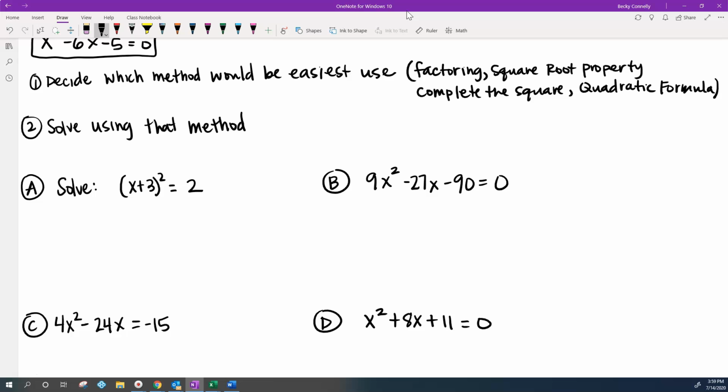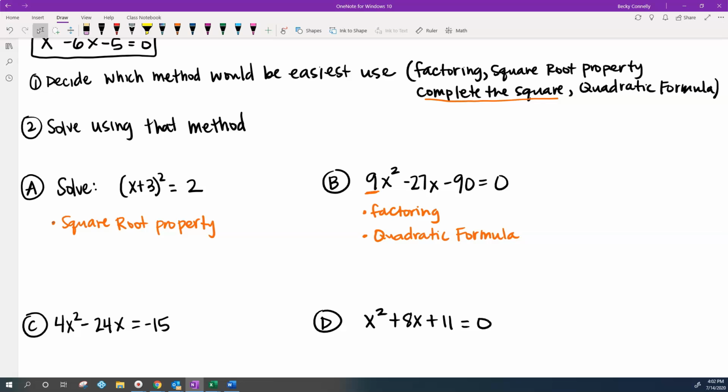All right, and so first go through and decide which method you think looks easiest to use to solve it. A good way to go about it. Now, one thing that we didn't talk about is with completing the square, right? We only talked about when our leading coefficient was 1. And so to try and do completing the square on this, our leading coefficient wasn't 1.